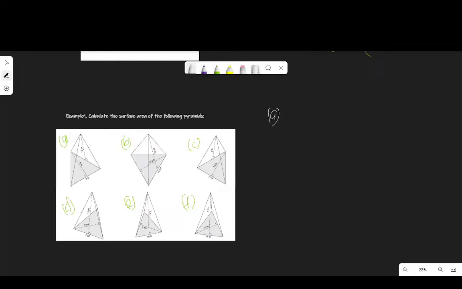So area of base triangle, area of base is equal to half times base times height, which is 1/2 times the base is 9 inches, the height is 8 inches right there, times 8. 2 here 1, 2 here 4. 9 times 4, 36 inches square. That is the area of the base.